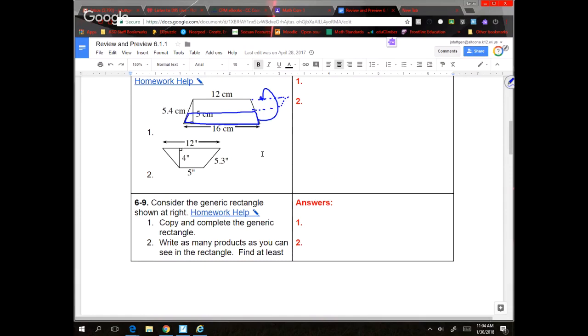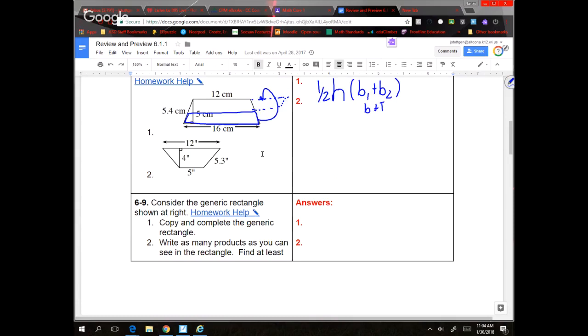If you remember, the formula for area of a trapezoid is half the height times, that's supposed to be times, not plus, times base 1 plus base 2. Or like some of you like to refer to it as base plus the bottom, or base plus the top. Either way you remember it.